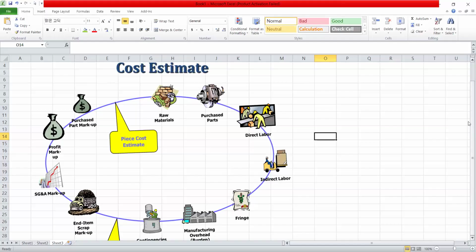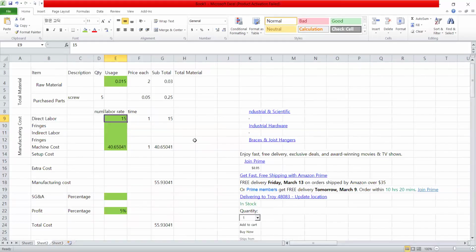You don't have to worry about other things, like the percentage of indirect labor or the percentage of direct labor. The company will provide all this, so you don't have to worry about other things.